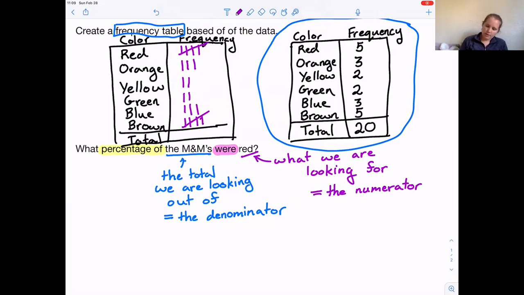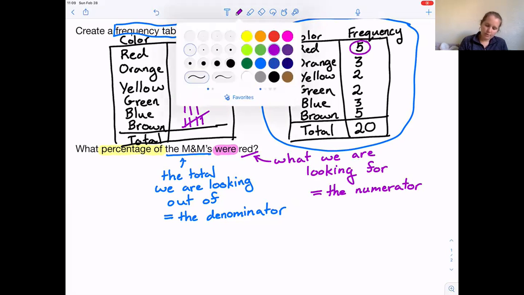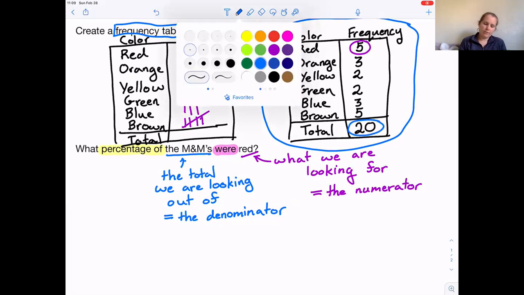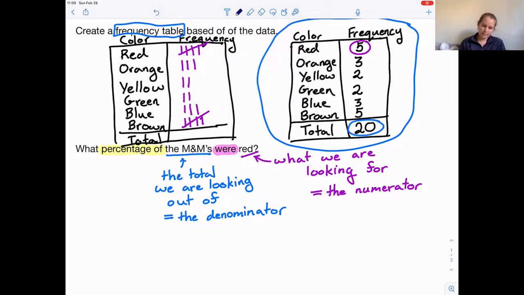So we are wanting red out of our total. So in this case, we are looking at 5 out of 20. This is red out of all M&Ms.